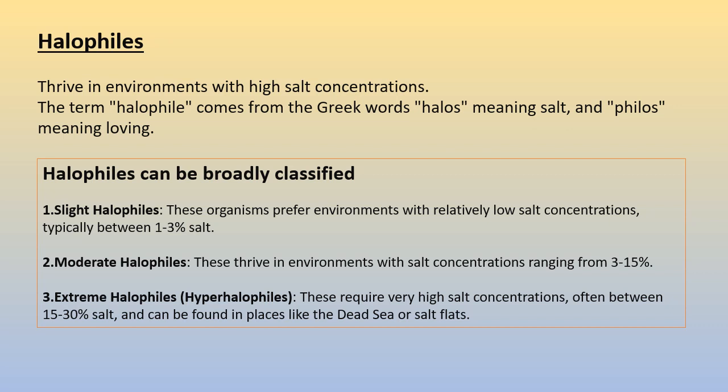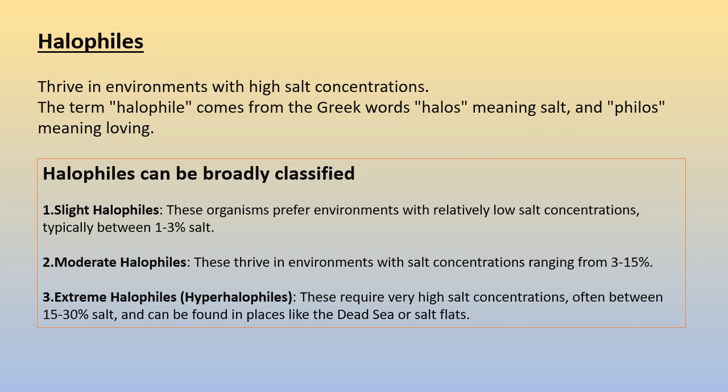Now, halophiles can be broadly classified as slight halophiles, moderate halophiles, and extreme halophiles, or hyper halophiles. Why this? Because the salt concentration can vary from genus to genus of a given microbe, and that's the reason it is necessary to classify them. The slight halophiles prefer environments with relatively low salt concentrations, that means 1 to 3% of salt max. Moderate halophiles are a little higher, 3 to 15%.